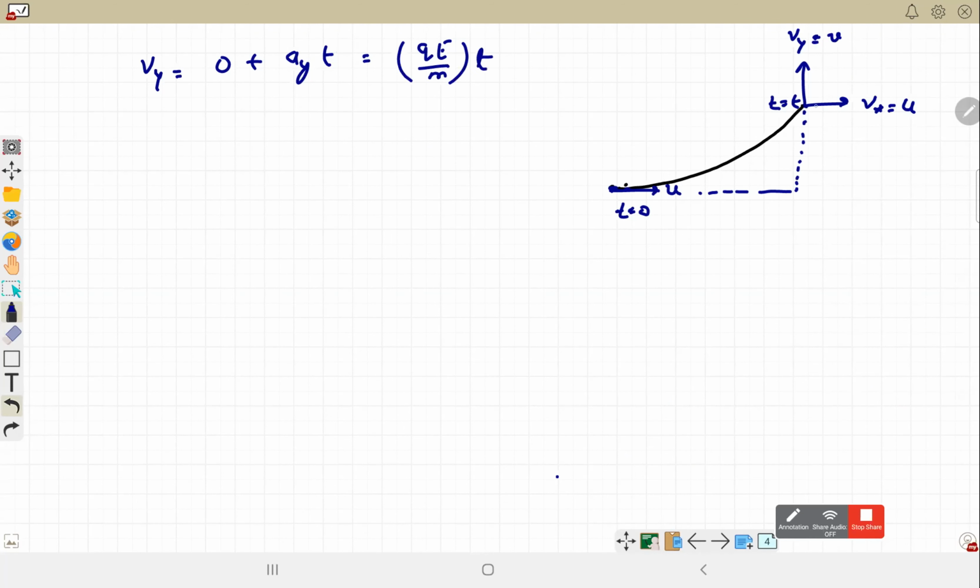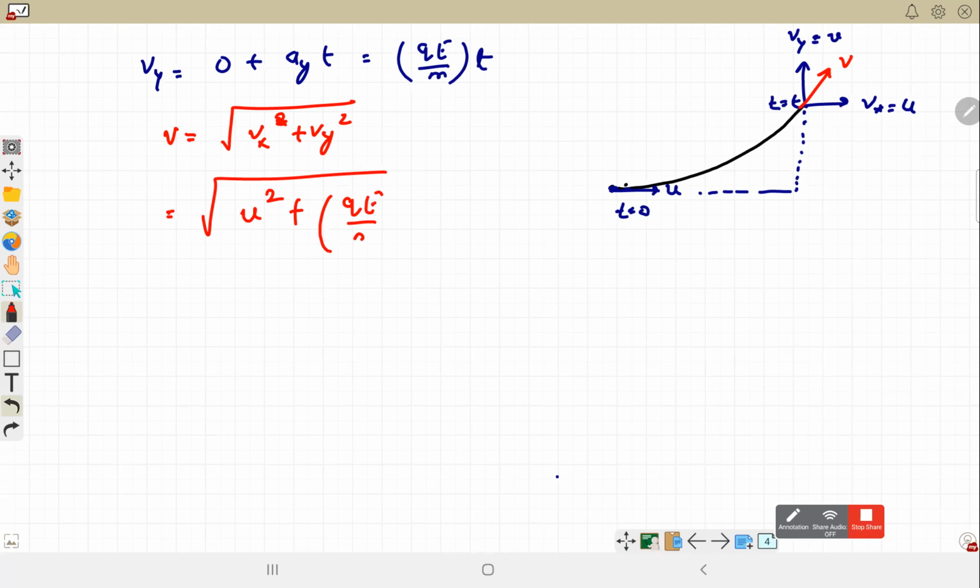So the magnitude of total velocity v will be root of vx square plus vy square. Vx is u and vy is qE by m times t. This is the magnitude of velocity after time t.